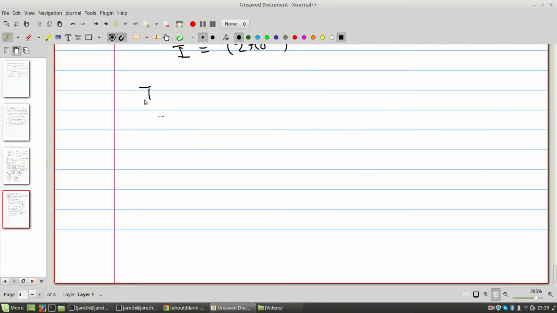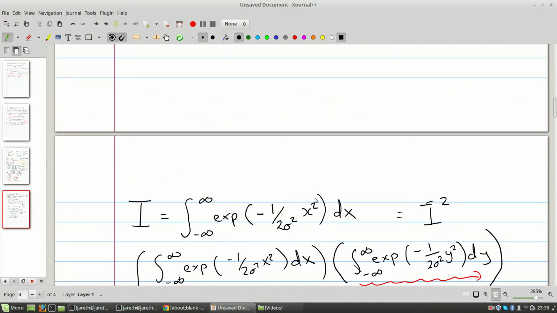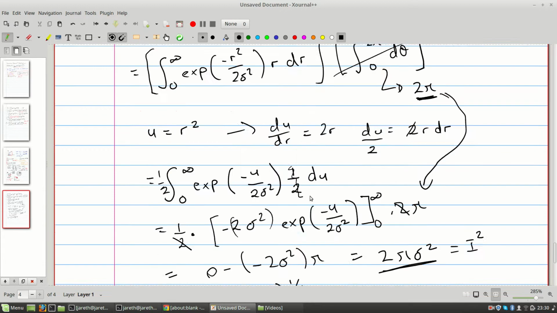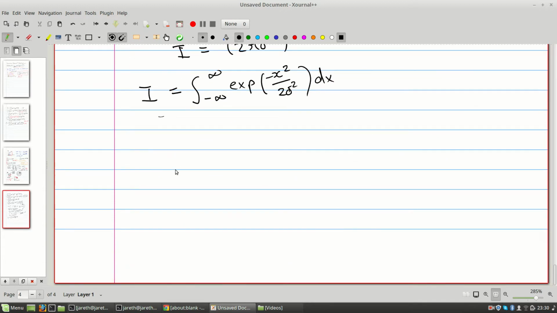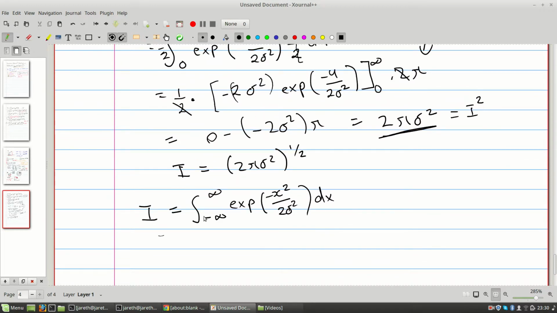So we had said I is equal to the integral between minus infinity and infinity of the exponent of minus x squared over 2 sigma squared dx, right? So this is what we called I, and we also discovered after computing this integral that I is actually equal to this value.